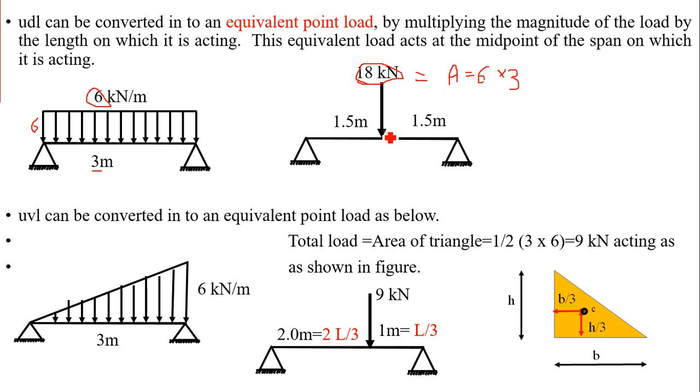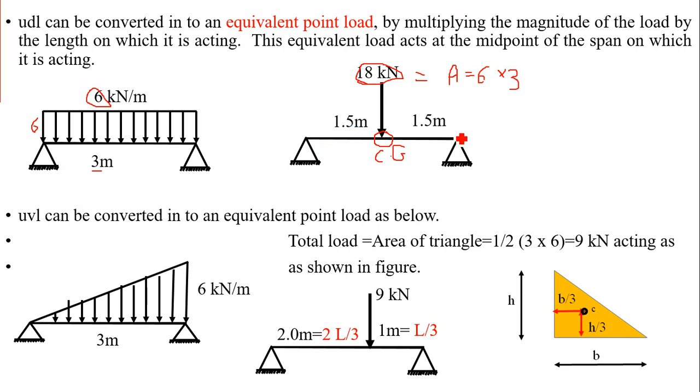And the location of the load is always equal to the CG point. As this is a rectangle, the CG will be acting at a distance of 3 by 2, that is 1.5 meter, 1.5 meter.